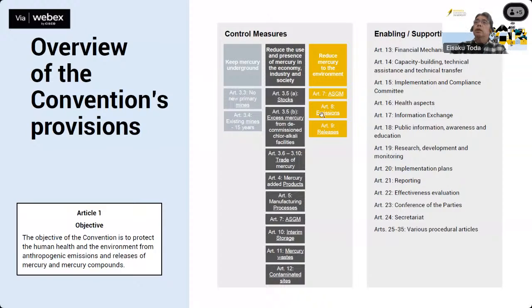Article 8 addresses the emissions, Article 9 addresses releases. And also there are provisions controlling life cycle mercury that is intentionally used, from the mining and then the use in products, use in processes, and use in gold mining.